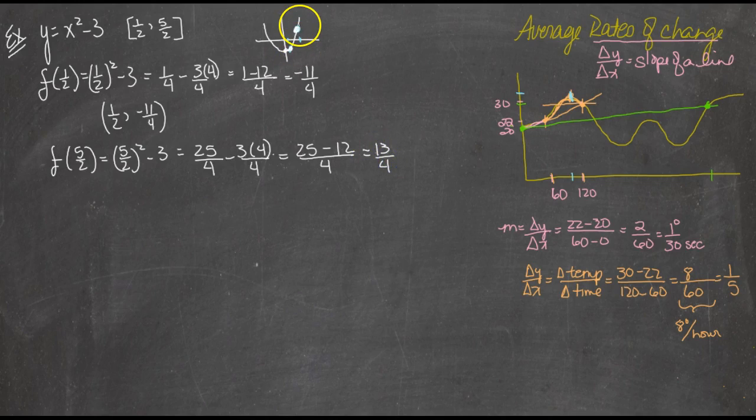So my guessed picture is pretty accurate. I have a positive value at the input value 5/2 for x, and I have a negative value at the input value 1/2 for x. And so my second point is 5/2 and 13/4.